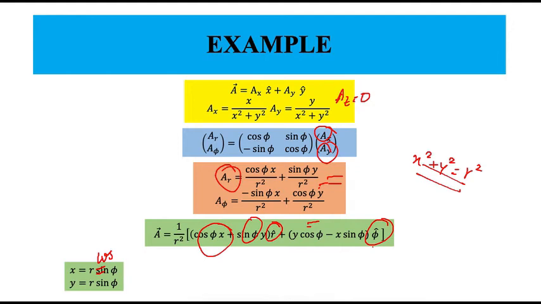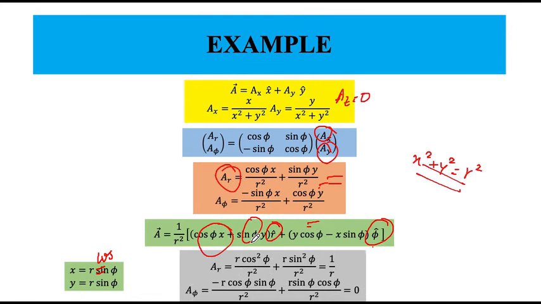So the term x equals r cos phi, and this will become Ar is equal to r cos square phi by r square plus r sin square phi by r square. If I take common 1 by r square and r, then sin square phi plus cos square phi will be equal to 1. So Ar is nothing else but 1 by r.